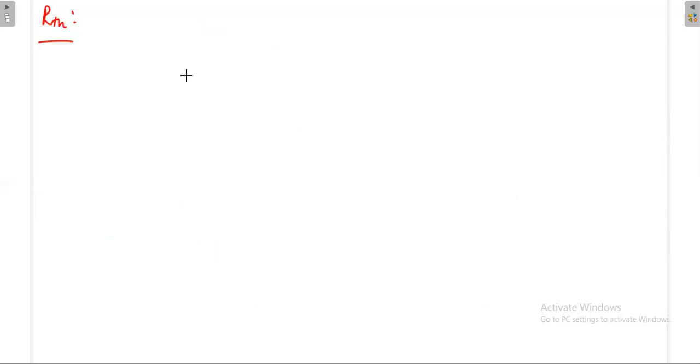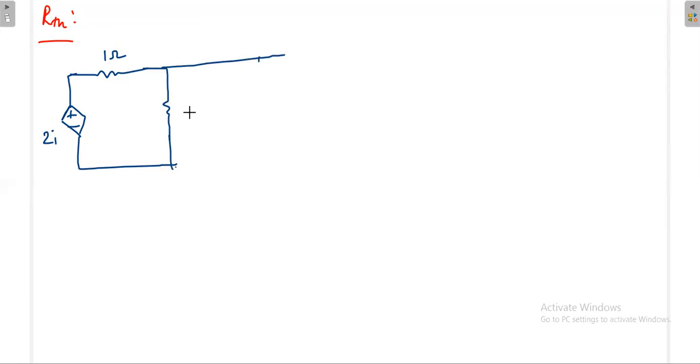So RThevenin. Again, we cannot directly find out RThevenin with the series parallel combination. That's why we are using the test voltage source or test current source method. Now I am using the test source here.